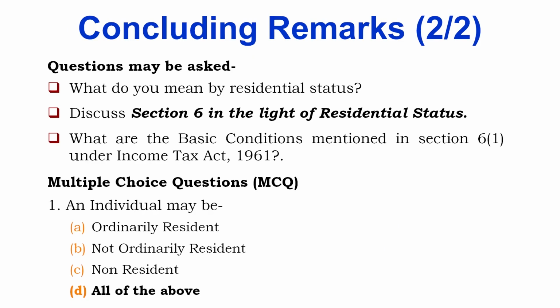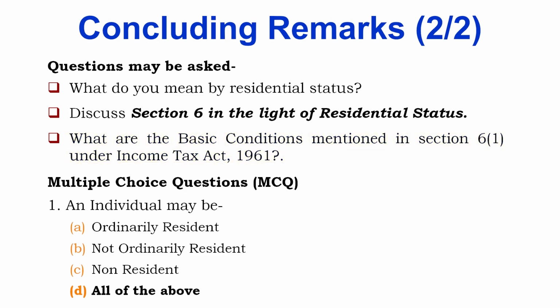These are some probable questions that may be asked, like, what do you mean by residential status? Discuss section 6 in the light of residential status. The question may even be, what are the basic conditions mentioned in section 6 subsection 1 under the Income Tax Act 1961?